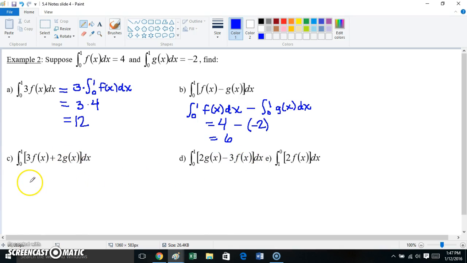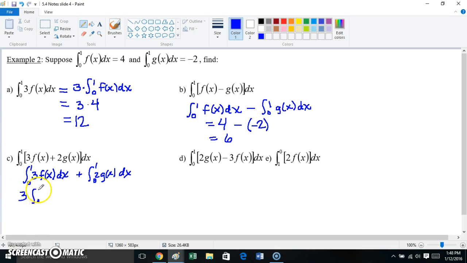Example C, the integral from 0 to 1 of the quantity 3 times f of x plus 2 times g of x. Okay, we know we can break this up into the integral of 3 times f of x plus the integral of 2 times g of x. Coefficients, vertical scaling is happening.